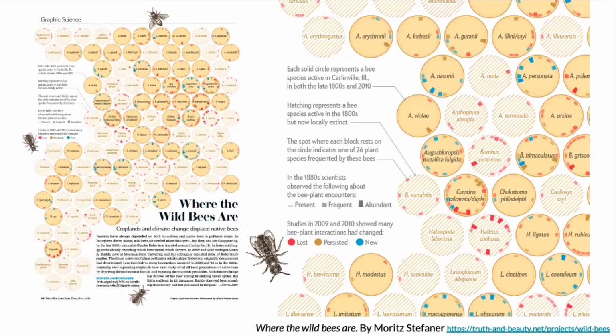So those are the encounters of that bee with the different plants, and he's encoded whether the bee-plant interactions have changed between the two timestamps with color. So we're seeing whether the bees were not observed going to that plant, whether they were observed going to the same plant, or whether there are new plants that they were going to.